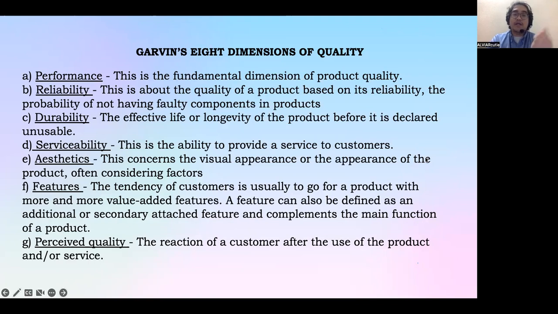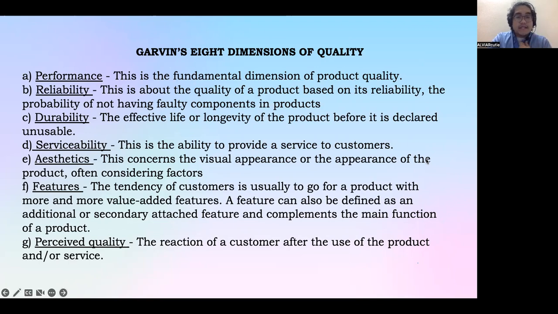This is about the quality of a product based on its reliability. The probability of not having faulty components in products. Ibig sabihin, reliable. Next, durability, the effective life or longevity of the product before it's declared unusable. So dito sa durability, kailangan yung length, yung haba, parang lifespan ng product.